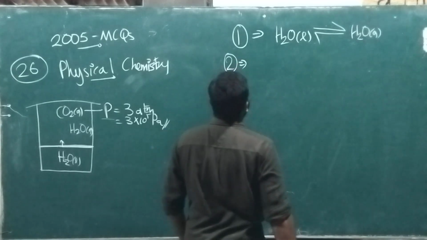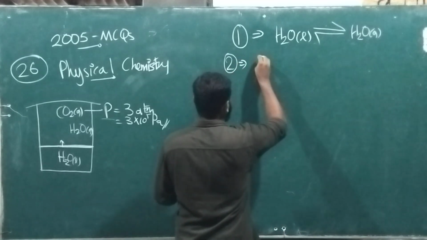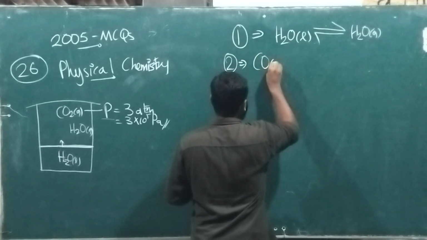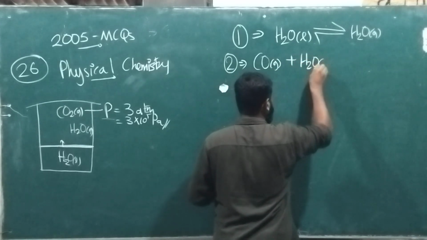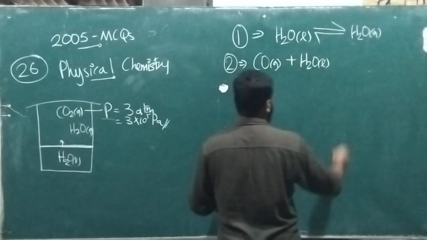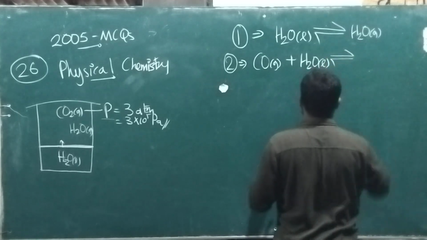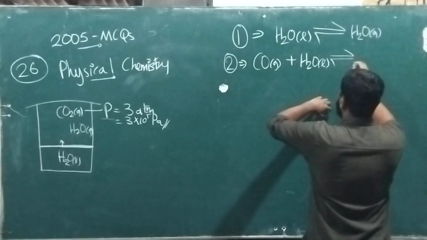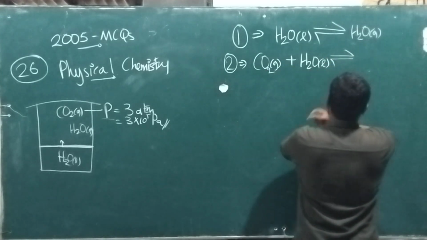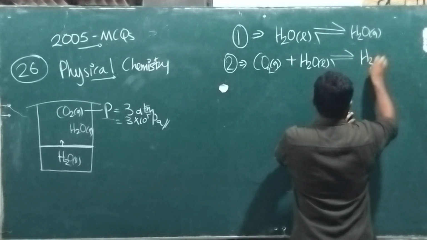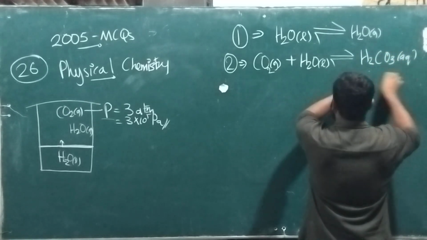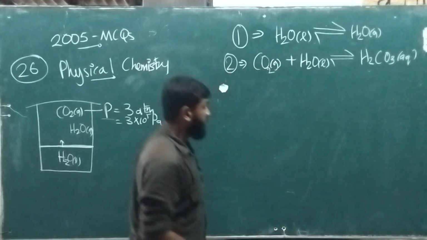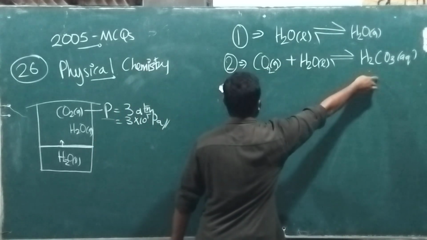How? Once CO2 gas enters the liquid phase of water, there will be a partial reaction to form H2CO3 aqueous. This is actually carbonic acid.